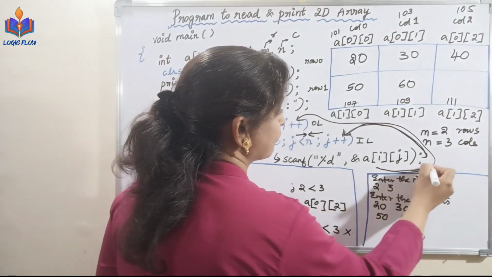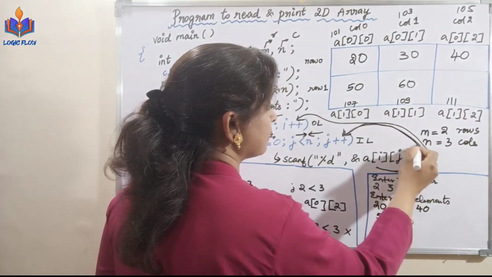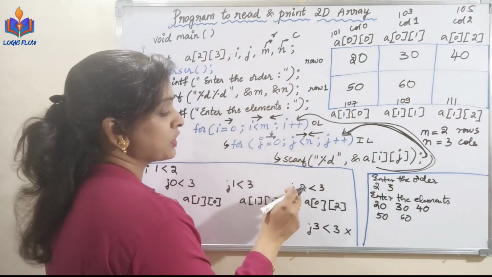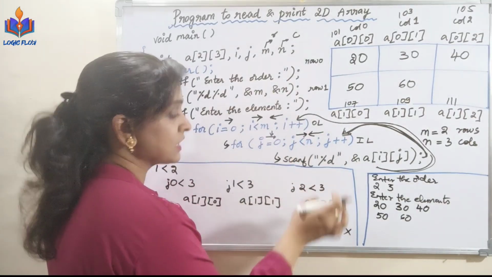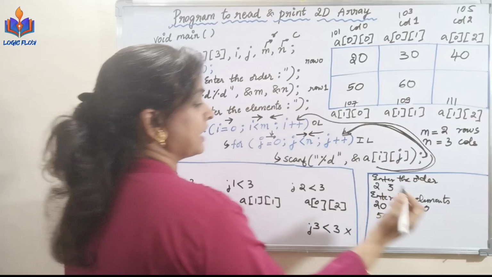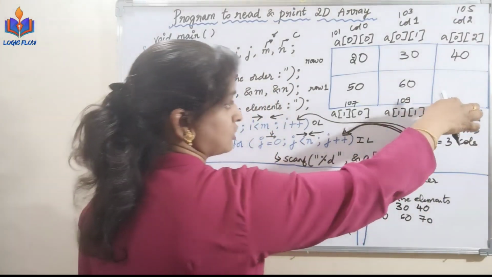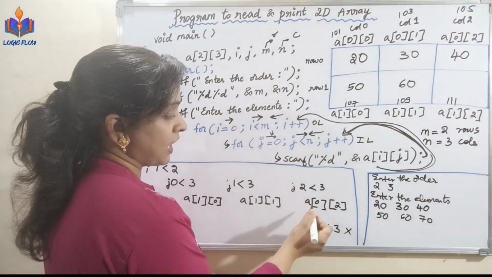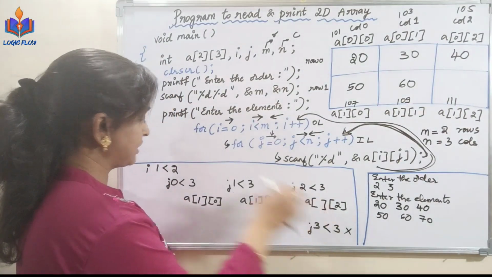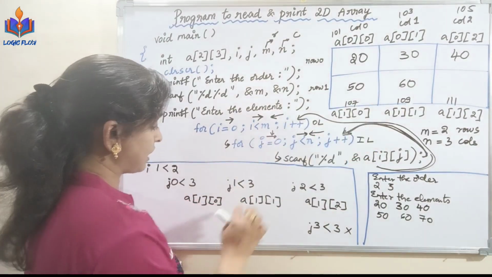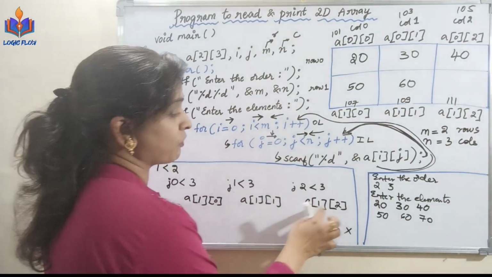Again, after executing this, inner loop progress, j gets increased. So it is 2. 2 less than 3? Yes. Store the next integer, so I'll give 70. Store that in the address, say 111, a of ij. i is 1, so 1 0 done, 1 1 done, so it is 1 2.